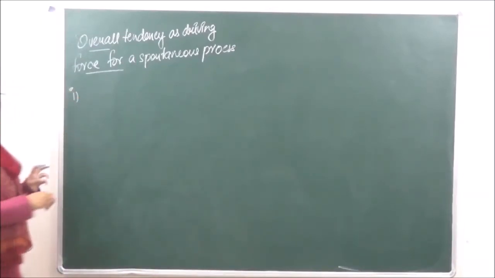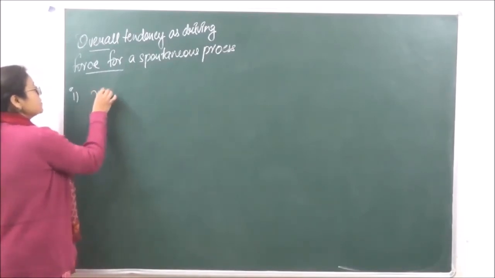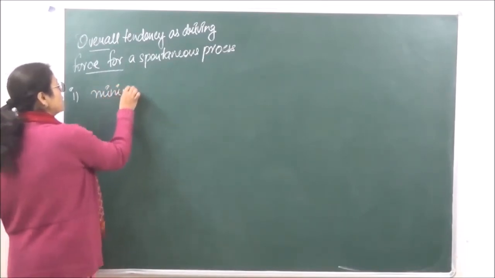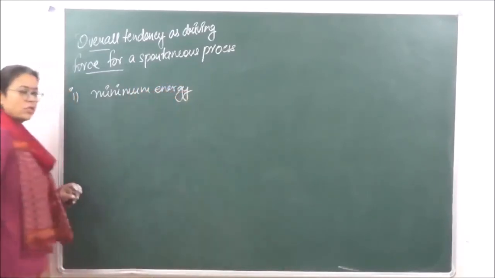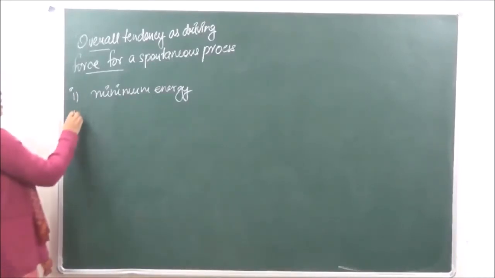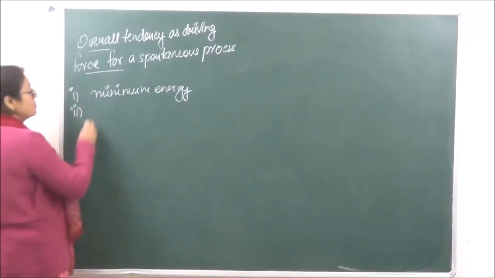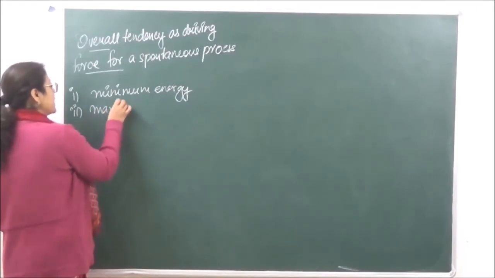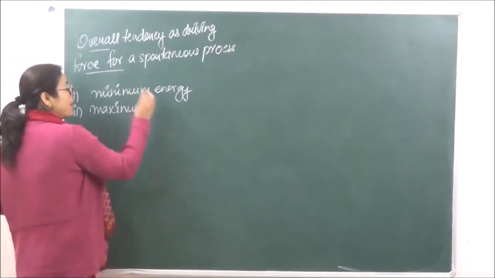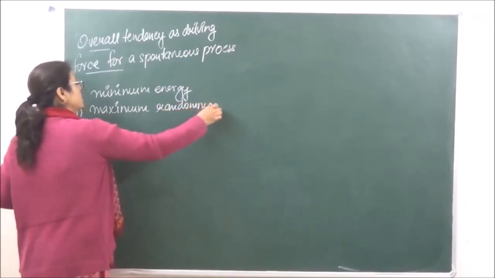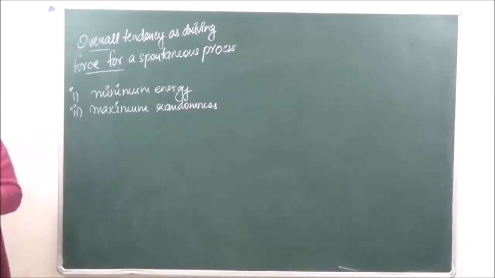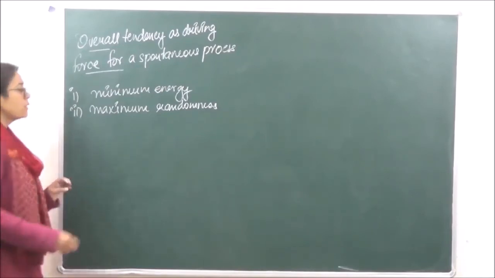Number one, the tendency of any system to attain a state of minimum energy, and the tendency of any system to attain a state of maximum randomness. The resultant of these two is going to be known as the driving force.